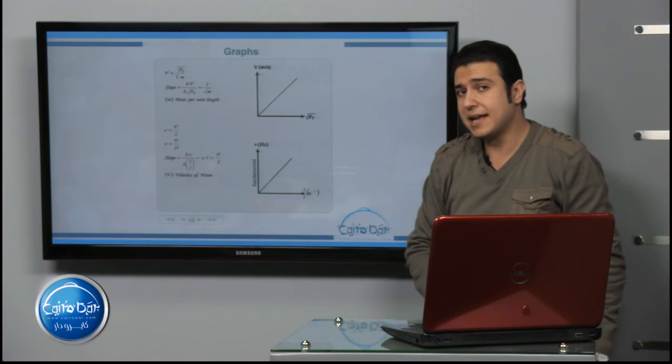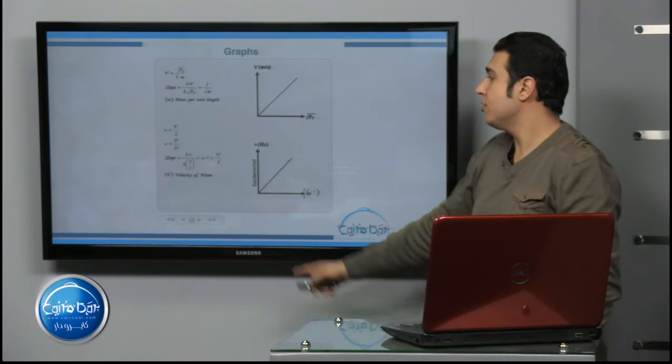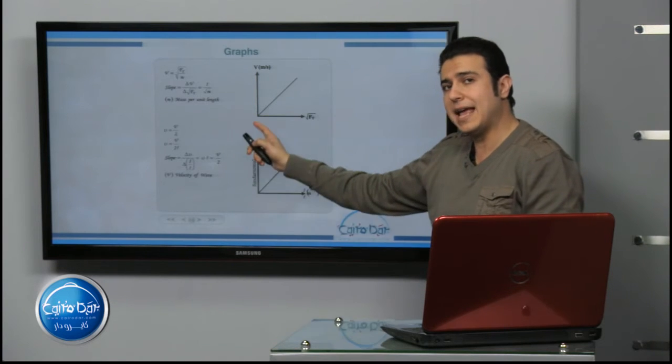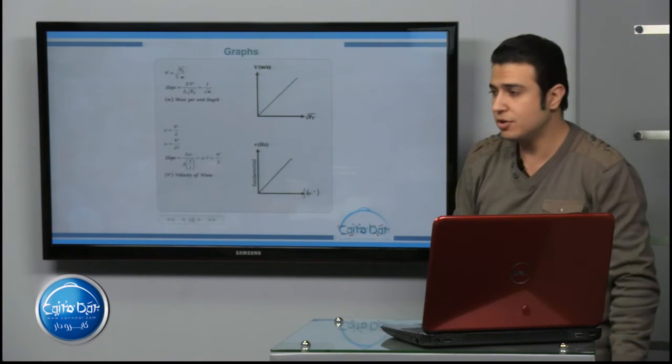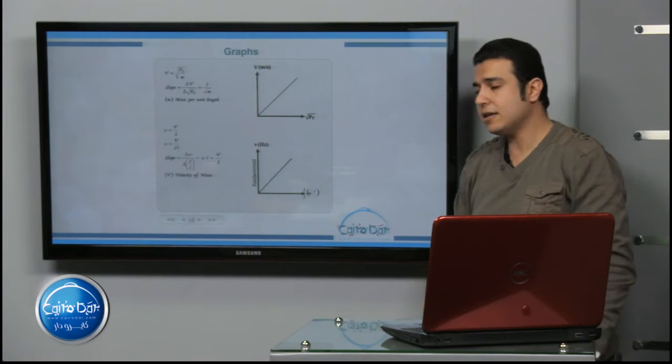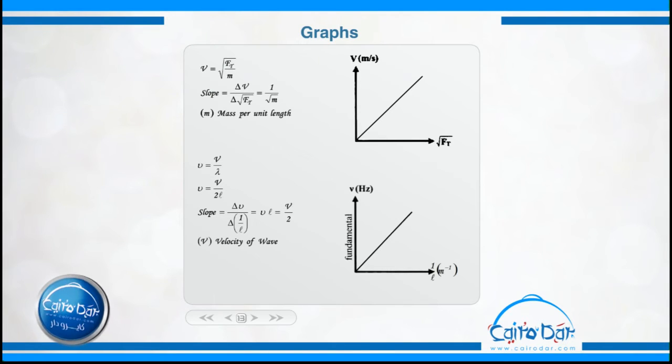What about the second graph? Here we have on the y-axis the frequency nu in hertz, and on the x-axis 1 over L in meter power negative 1.